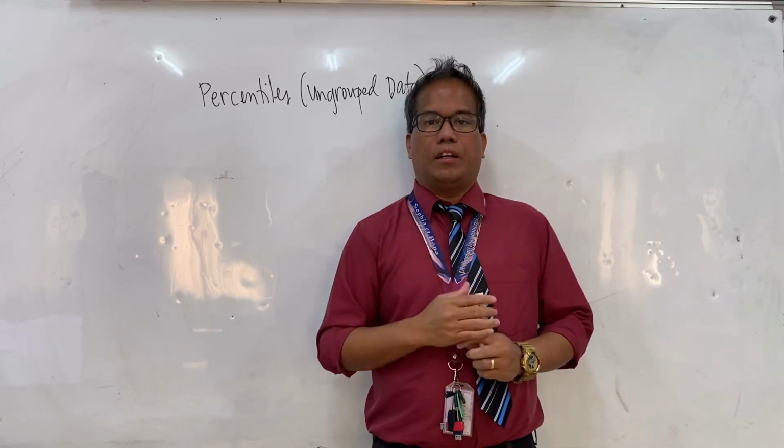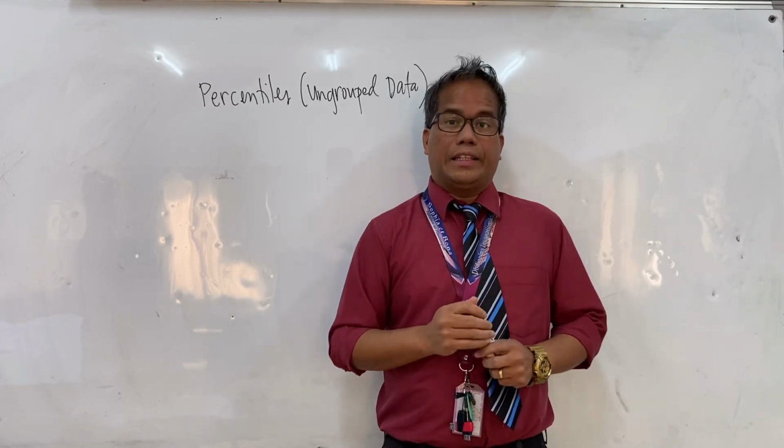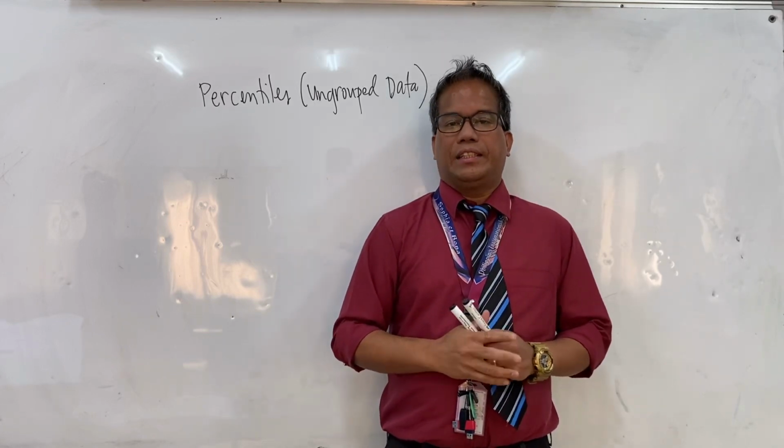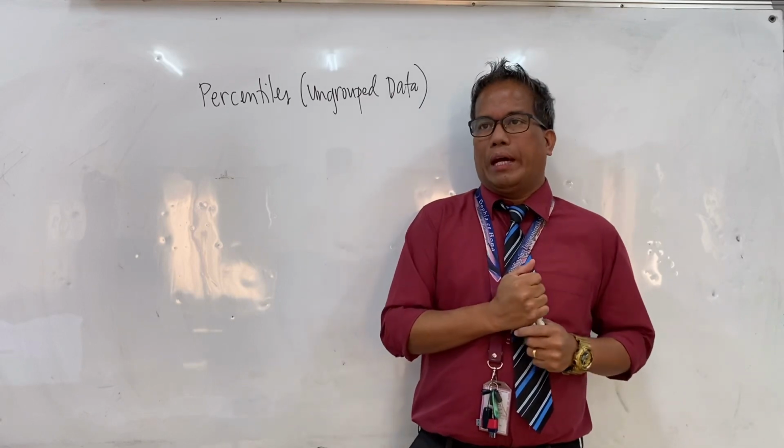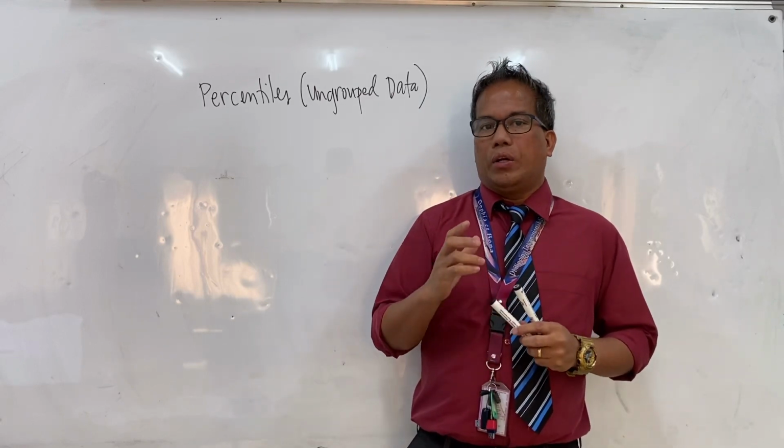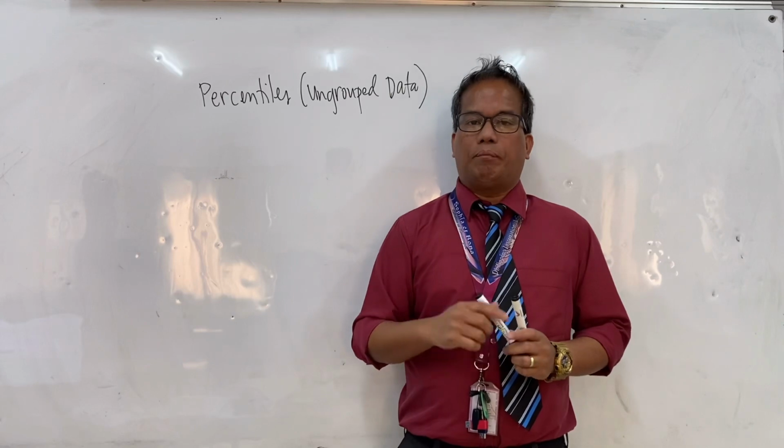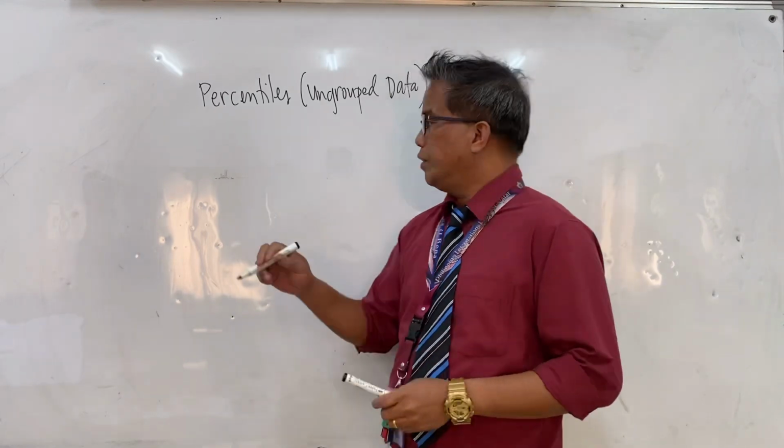Then each set of data has 99 percentiles. For example, let's say we have 20 sample data or observations.